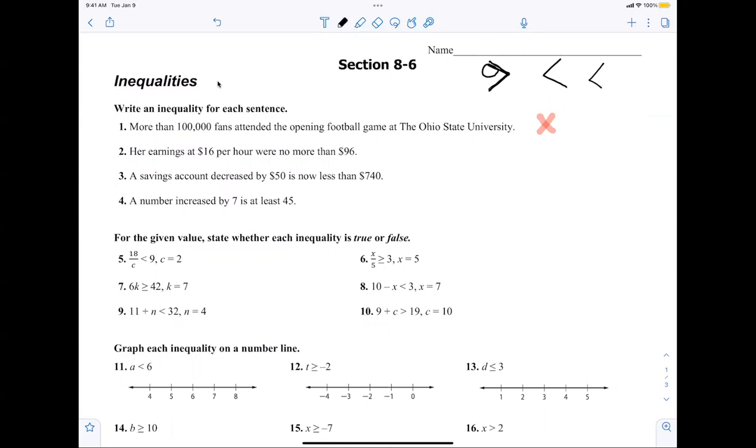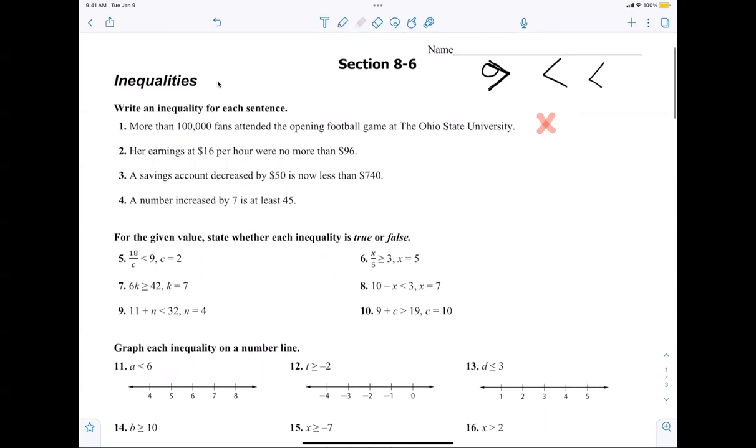Aiden, are you laughing right in my face? That is not going to go well with your conduct grade. G for greater than. We're not doing alligator mouths anymore.